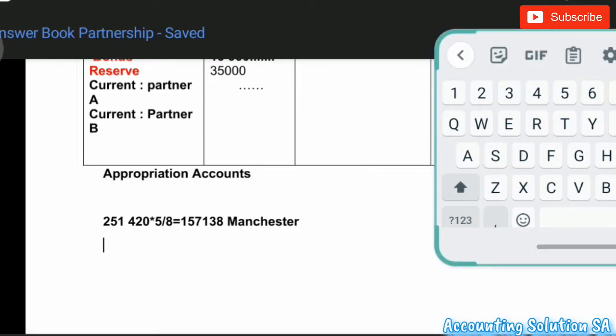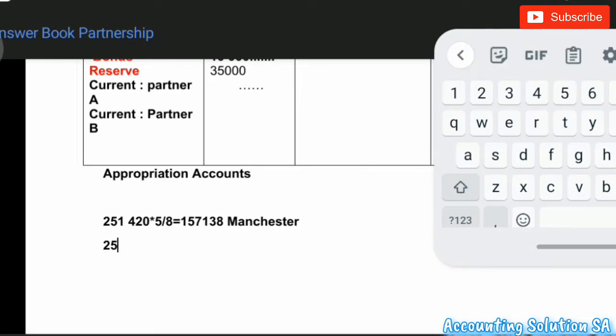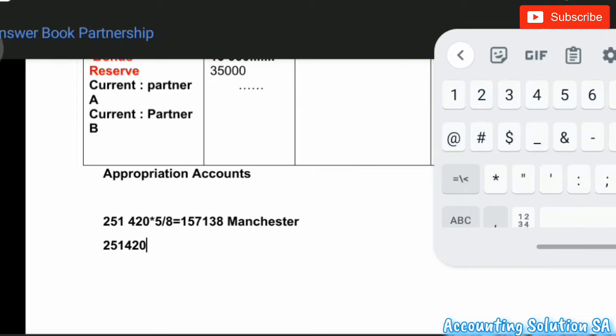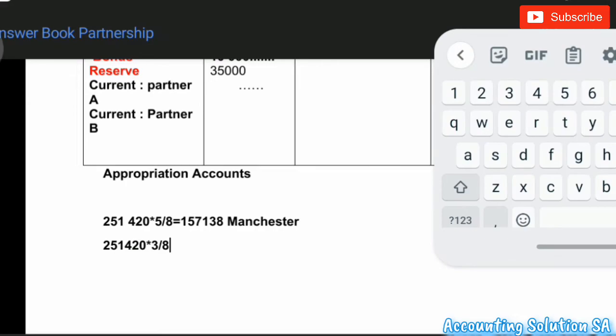Then now let's allocate for Liverpool. It's the same, 251,420. Then we multiply by 3 out of 8. How did you get 8? We simply add 5 for Manchester and 3 for Liverpool.